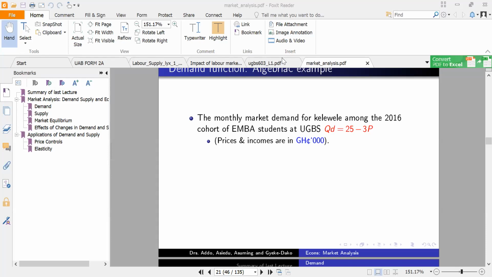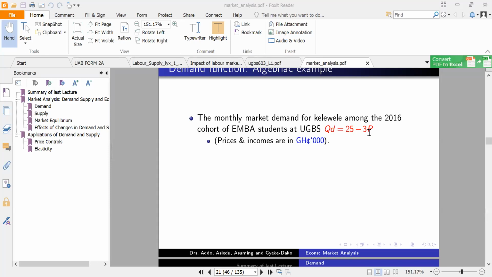Yeah. So this 3 is the coefficient of the price. It tells you that if you increase price by 1 unit, quantity bought will fall by 3 units. If you increase the price by 2 cedis, the quantity bought will fall also by another 3.